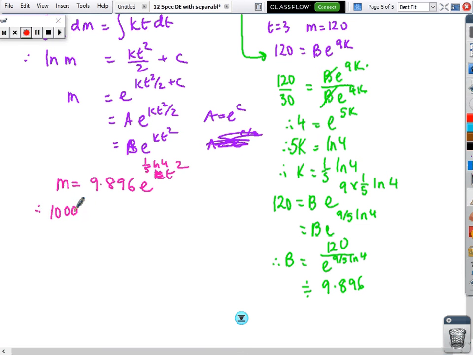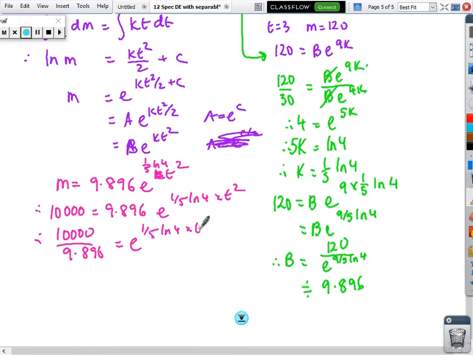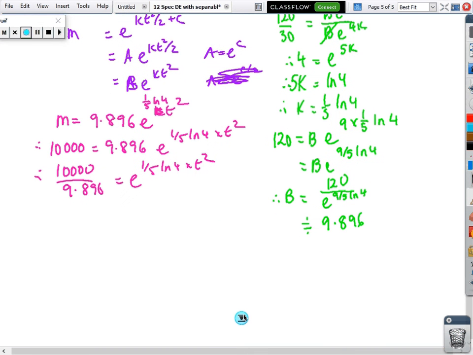So 10,000 equals 9.896 e to the 1/5 log 4 times t squared. So 10,000 divided by 9.896 equals e to the 1/5 log 4 times t squared. So log of that number equals 1/5 log 4 times t squared.